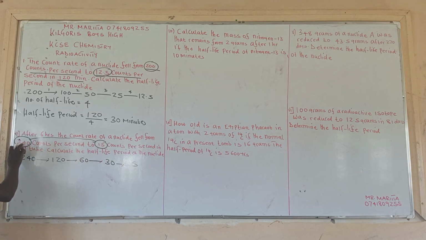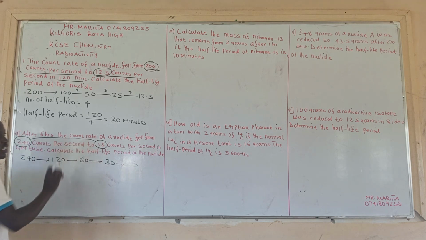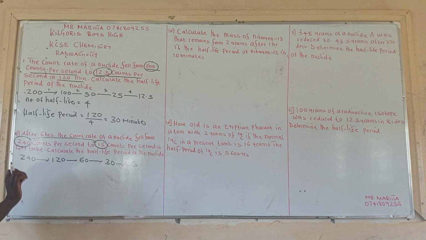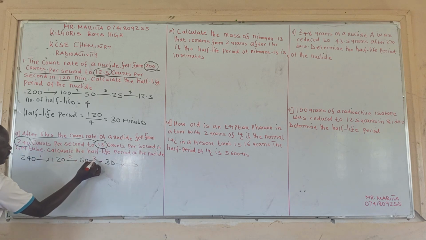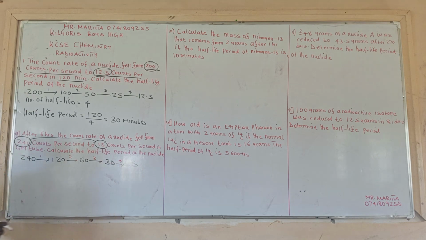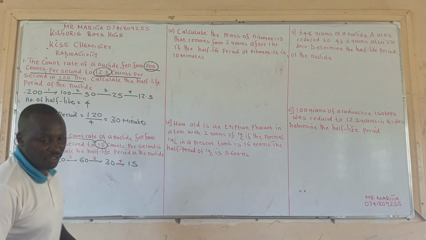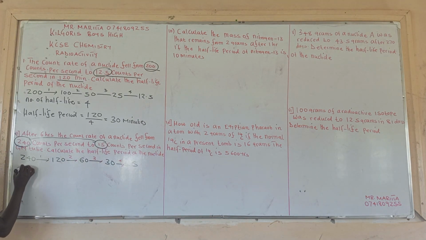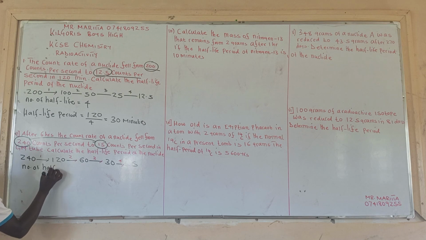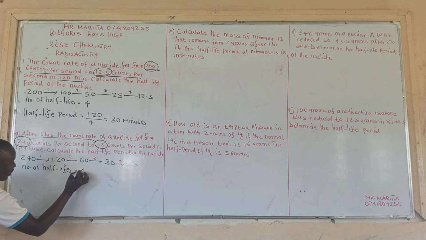So we are going from 240 to 15. Now you count the number of half-lives: this is 1, then 2, then 3, then 4. So how many half-lives do we have in this case? The number of half-lives is equivalent to 4.